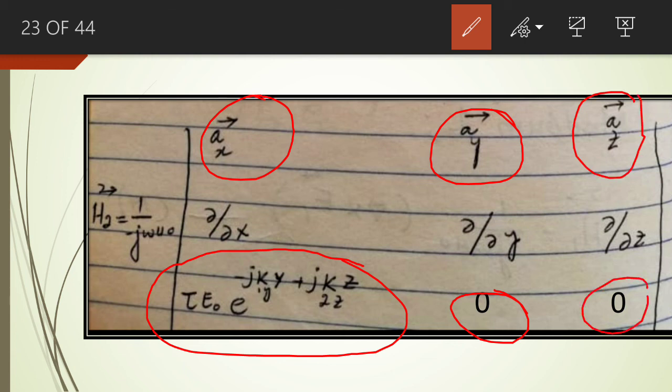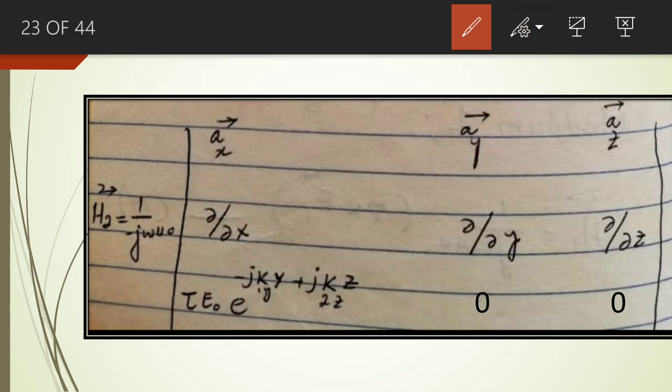So the component of E2 was along x-axis only, and this component was tau E naught into e raised to power minus j k1y y plus j k2z z. This is the x component of E2. We expand this determinant. The expansion of this determinant will result in two components of H2.